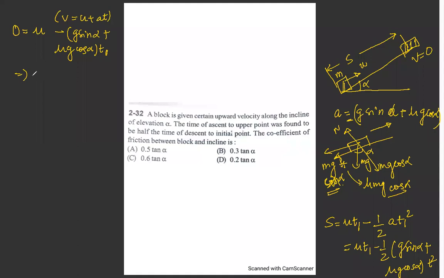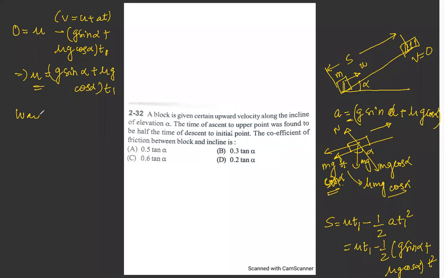So from this we got the value of u is equal to (g sine alpha plus mu g cos alpha) t1, because u is not given, right? This one is u. So we will do one thing, I will take it and put it in the first equation, later I'll put it.